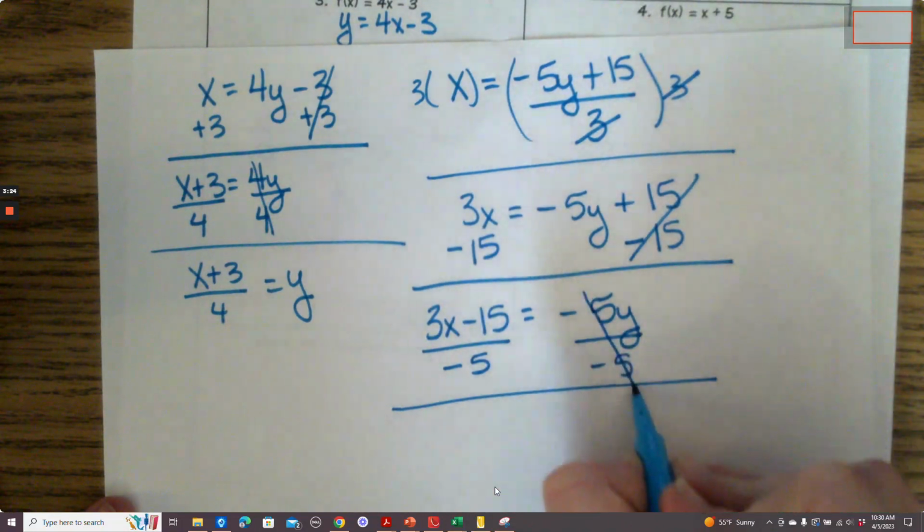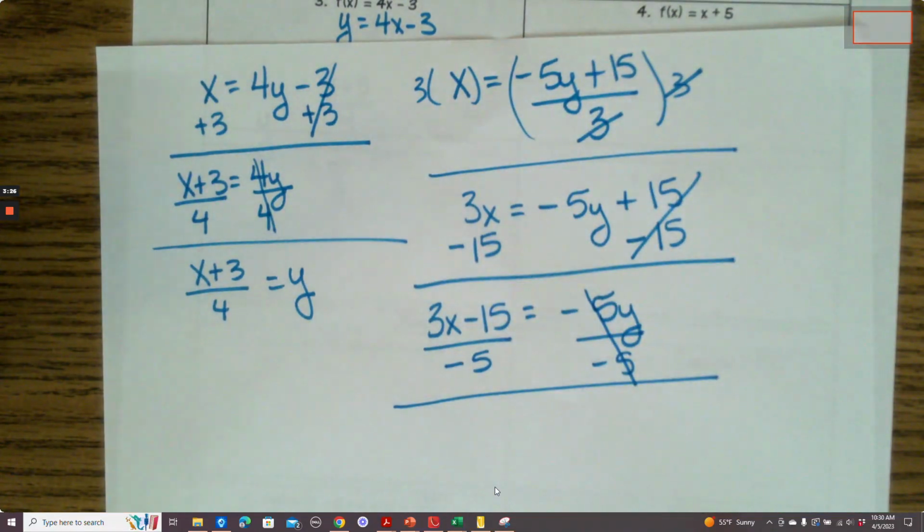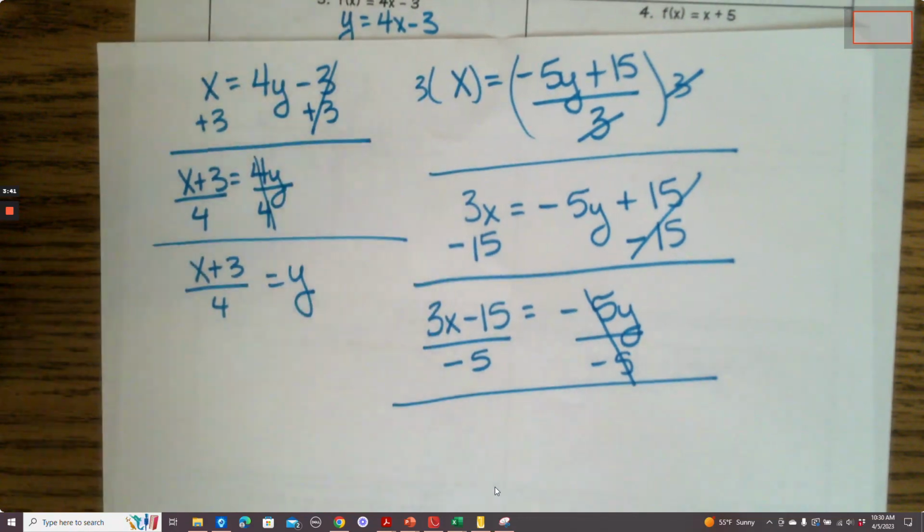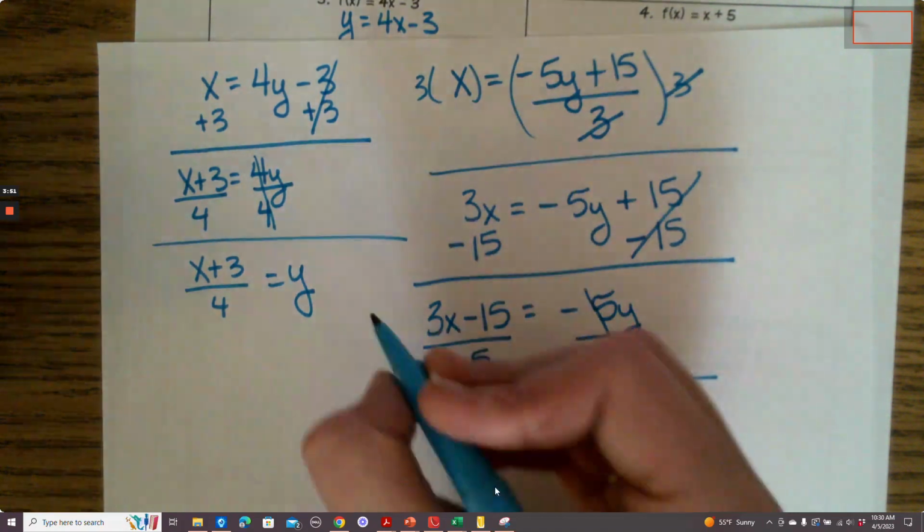Rules of fractions here. We don't like negatives on the bottom. We don't like negatives in the denominator. So what can I do that will keep it equivalent, but get that negative off the 5?